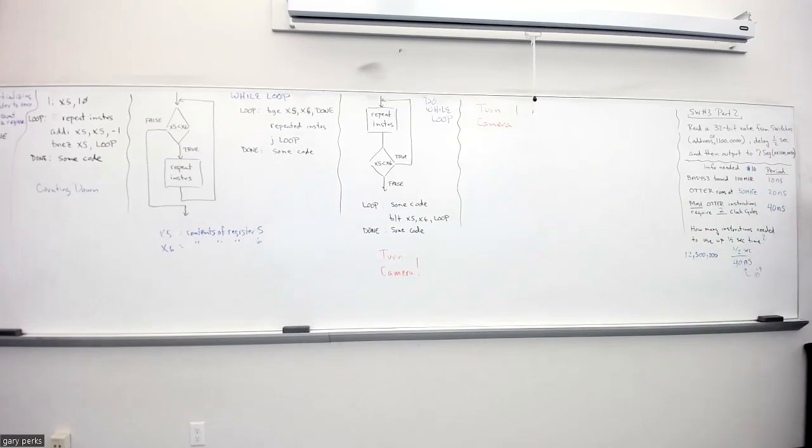So the Otter, in half a second, is executing that many instructions. Now you'll see how that comes into play when we write the code to actually create this delay. But that's how you do the calculation.